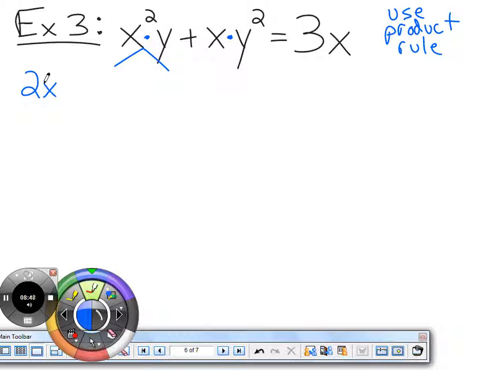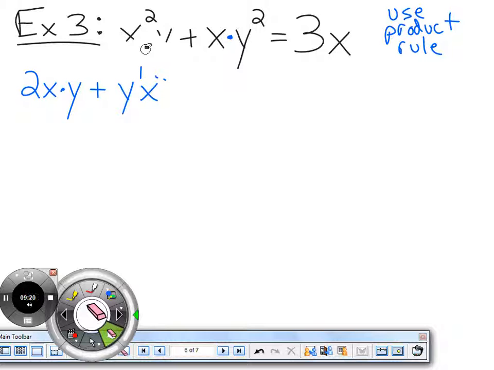And then times the second. So that would be times y, without making any changes, and then plus the derivative of the second, which would be y prime, and then times the first. So there we go. That's the derivative of that one. And let me just fix my little t here so that it actually lines up.